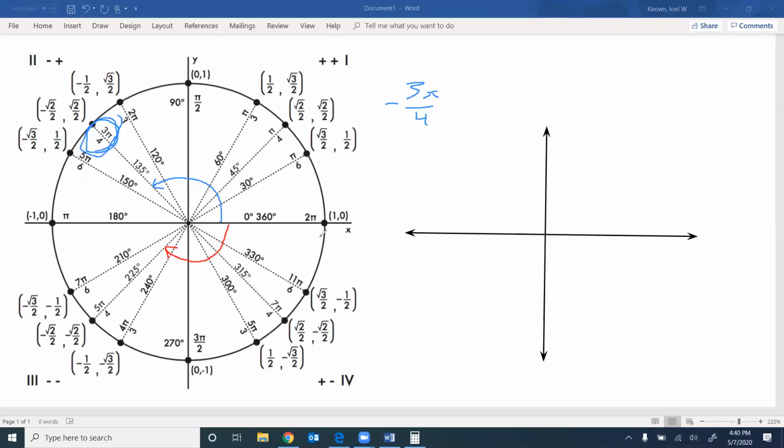So I still got to start at 0, but instead of going this way 135 degrees, I'm going backwards 135 degrees, right about there. And it's going to look like that. Okay, and there's my angle. And that's the end of that first section.